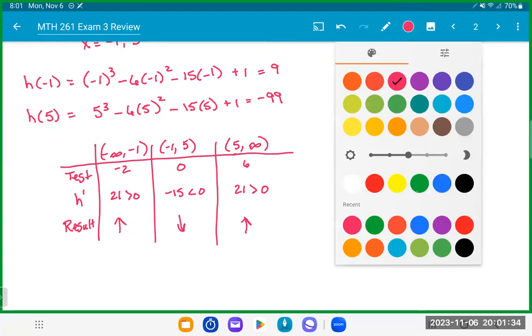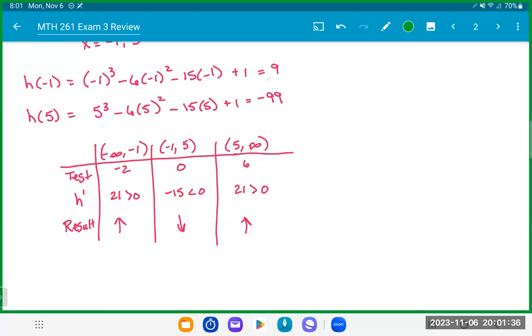Okay. So what we're looking at here is this is a negative, right? And when we're going from increasing to decreasing, we have that maximum here. Okay, so that maximum occurs at this critical point here of -1, and then the value is that 9 that we evaluated.